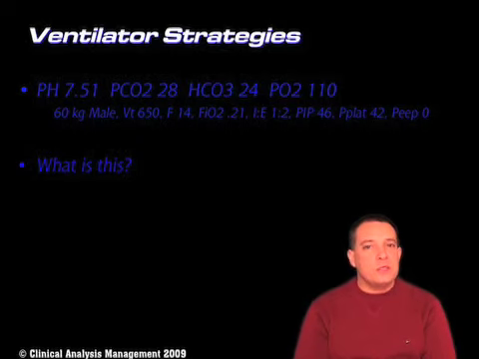Now remember, with respiratory alkalosis, the first thing we wanted to make sure of was that it wasn't for a reason, i.e. like the patient was hypoxic. And when we look at the PaO2 for this patient, it's 110. 110 is certainly a livable PaO2. We can certainly live with a PO2 of 110. So it's not hypoxic, so this is probably just caused by the fact that this patient is simply overbreathing, or in this case on the ventilator, is being overventilated.